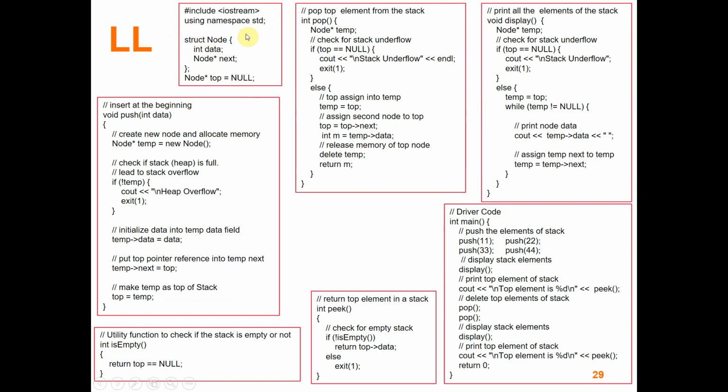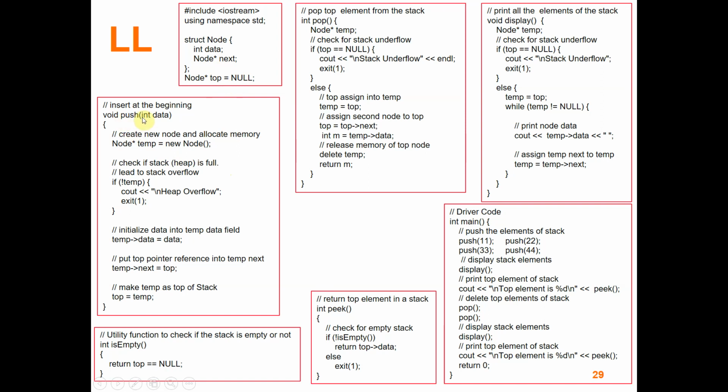You just have to have a class of a stack. You would have a member variable called top, which is a pointer to the node. You initialize it with null, because whenever you have an empty stack, it means that the head pointer is going to be null.